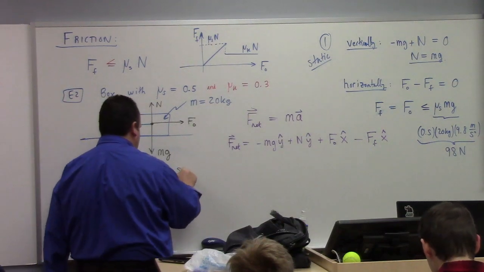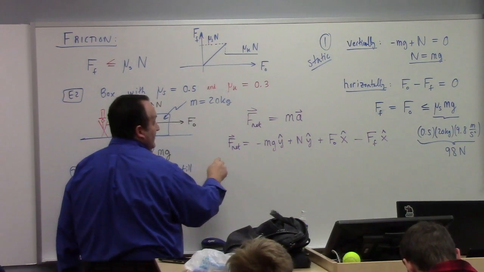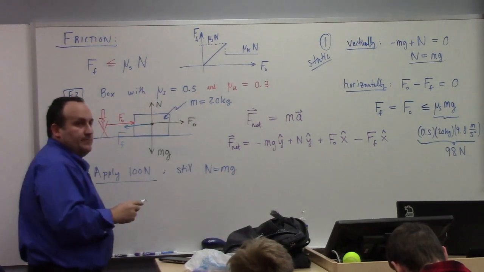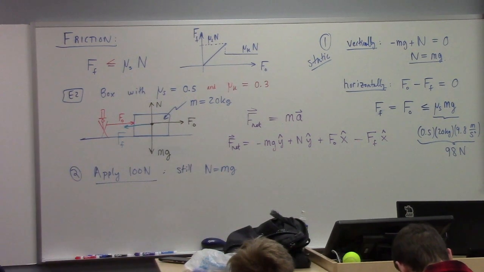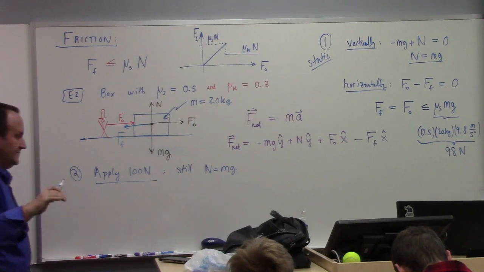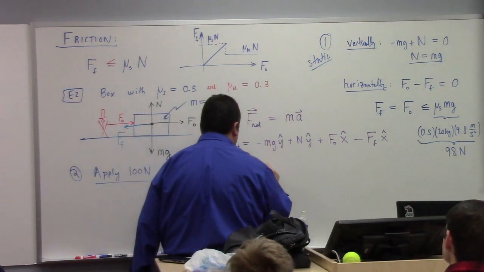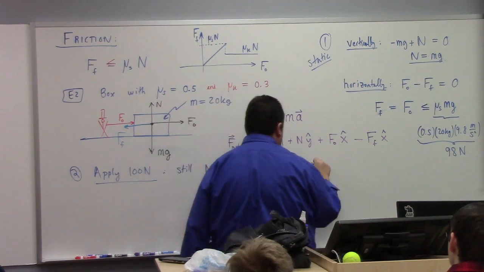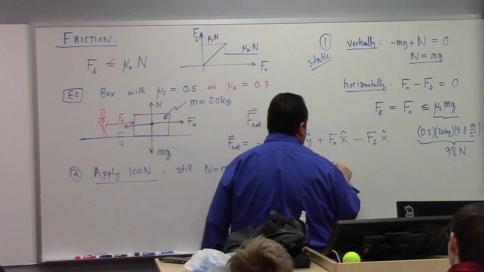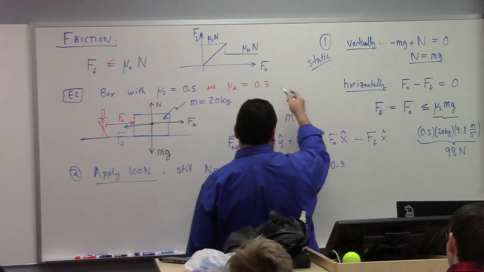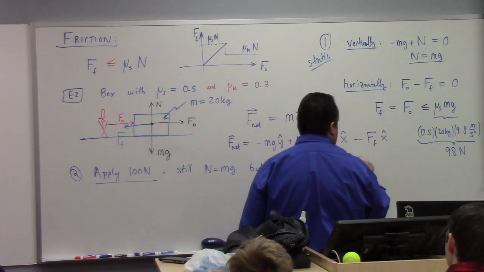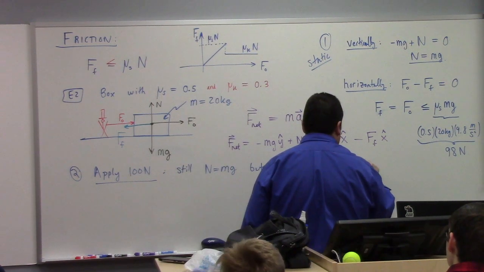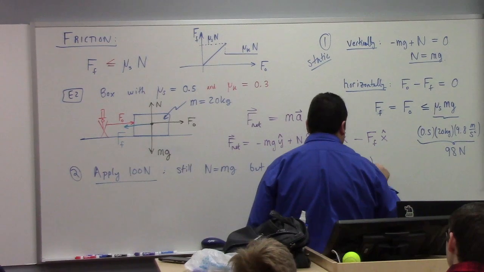So still, the normal force is equal to mg, right? But once it's moving, the force of friction is not variable anymore. It's a constant. The force of friction now is equal to mu sub k times N, which in this case is 0.3 times the normal force, which was mg, 20 kilograms times 9.8.